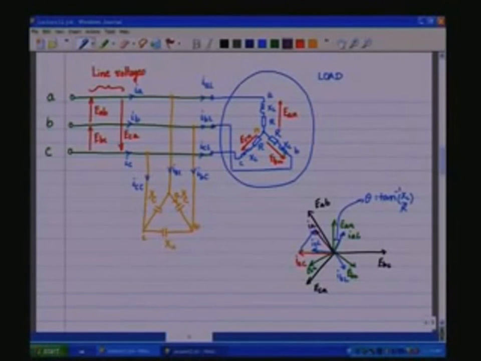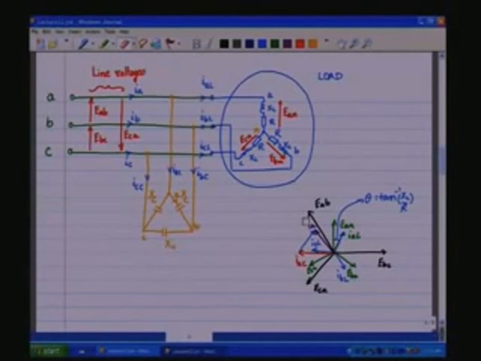If the capacitive network had not been there, IA would have been IAL itself, which is lagging EAB by a significant angle. But because we have put a capacitive network which results in IAC, a leading current, which combines with IAL, the load current, to provide a line current which is almost in phase with EAB.